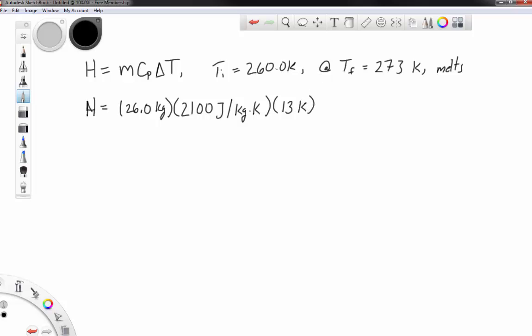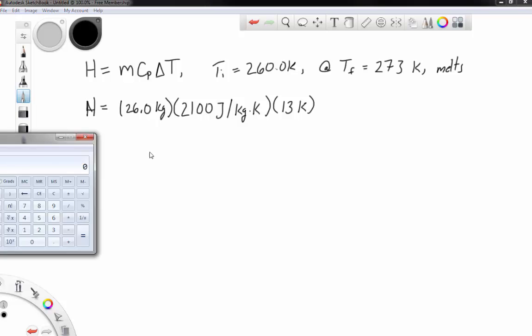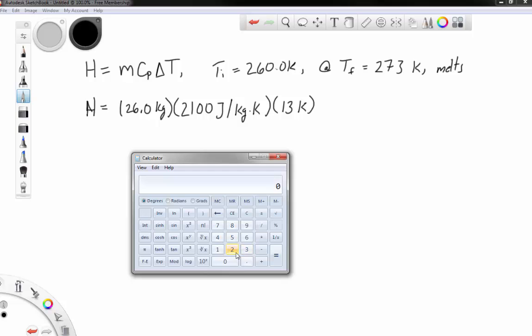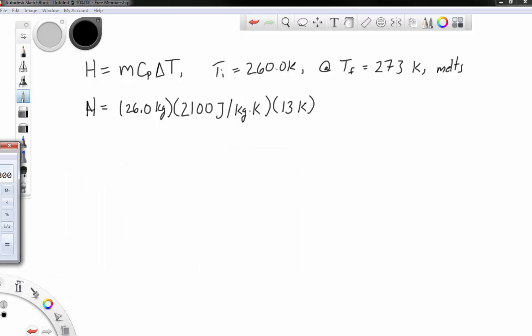So let's see how much heat this takes just to get to the melting point of the ice. So 26 times 2100 times 13 gives us 709,800 joules. So we'll call this the heat used up in phase 1.